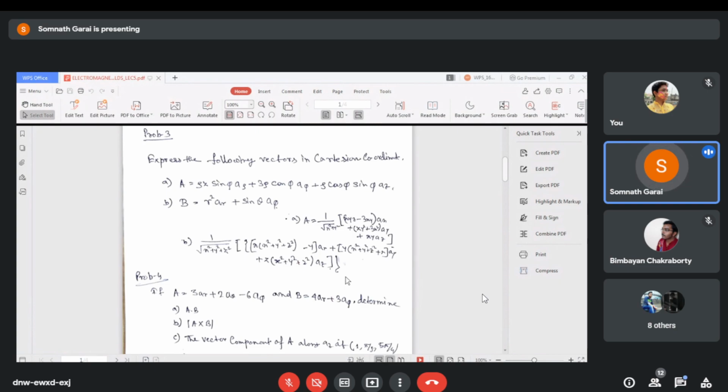Ay is equal to minus sin phi, that is minus y by root under x square plus y square A rho plus cos phi, x by root under x square plus y square A phi, and Az is equal to Az.